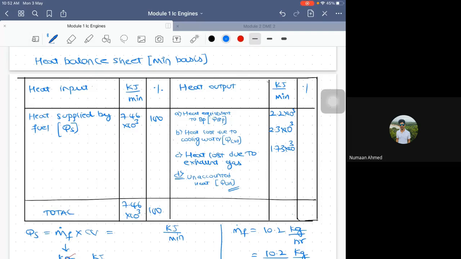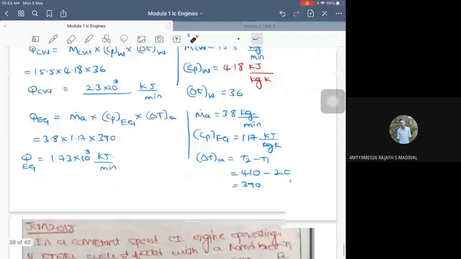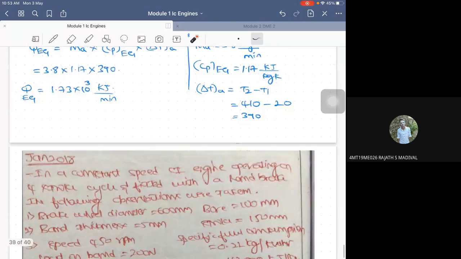QS minus QBP plus QCW plus QEG. Excellent. It is supply minus the consumption. Supply is 7.46. Of that, 2.2 has gone to BP, 2.3 to cooling water, and 1.73 to exhaust gas. How much is unaccounted? So subtract all of this and give me the value. 1.23. Very good.